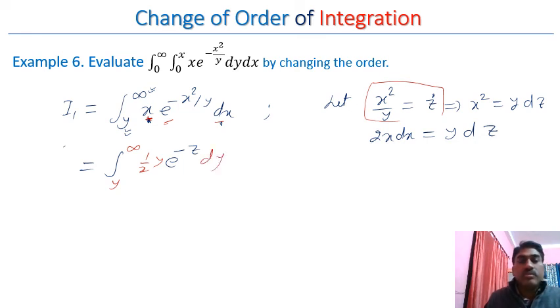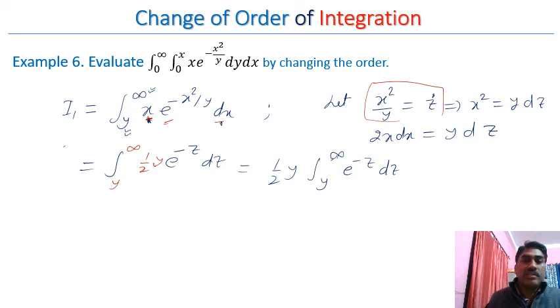So you can see that this is e to the power minus z dz, and y has no role for integration here. So you can directly integrate e to the power minus z. So write 1 by 2 y, y to infinity e to the power minus z dz.